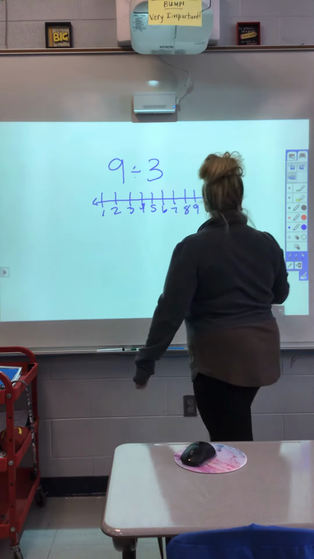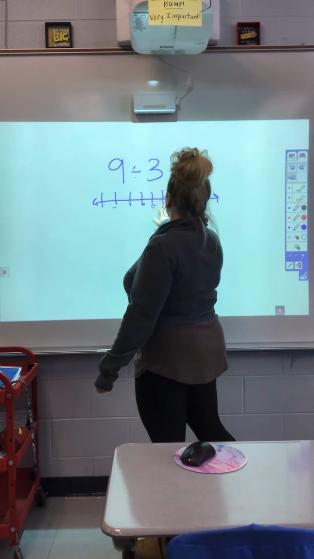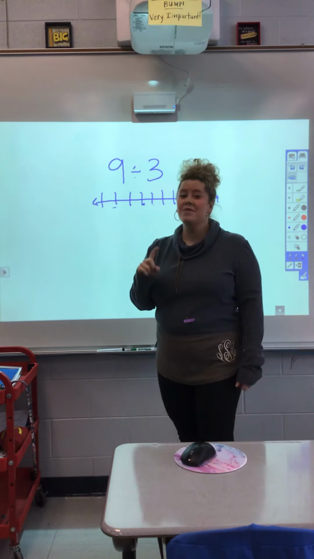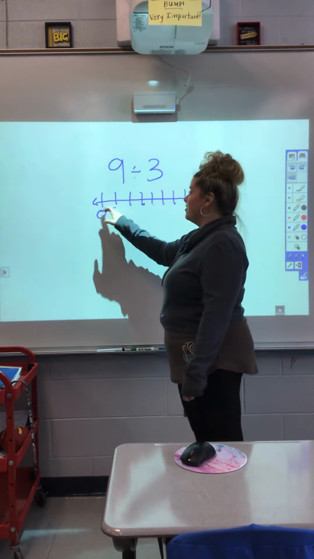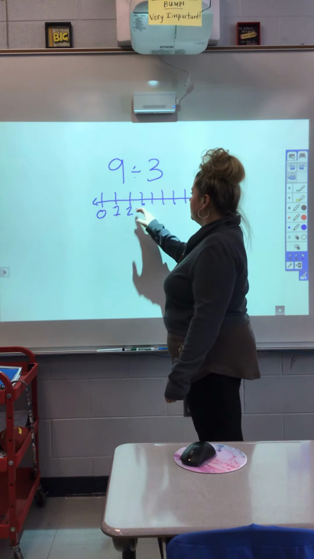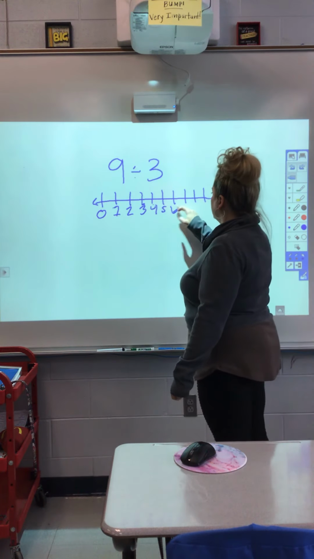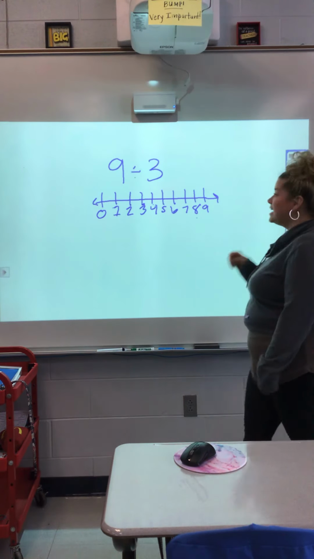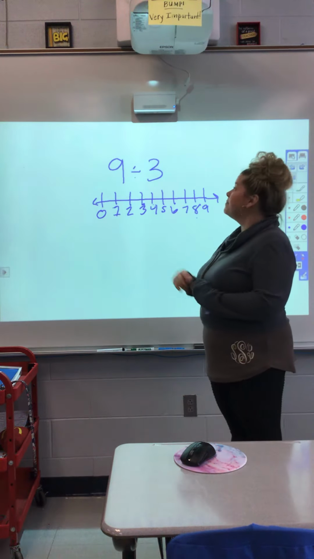Oh, look what I did. See, sometimes even the teacher messes up. Remember, our number line always needs to start at 0. There we go.